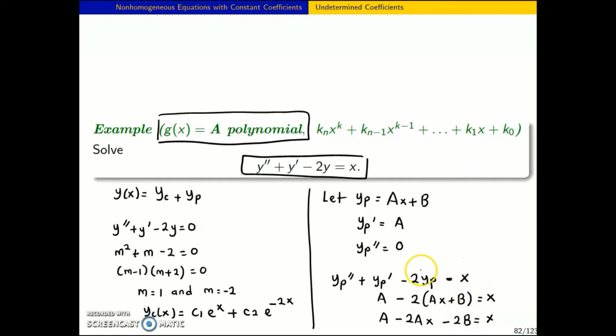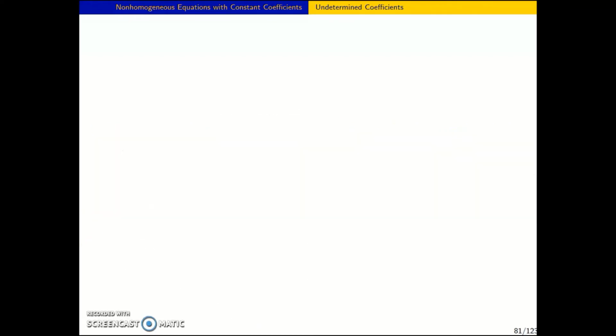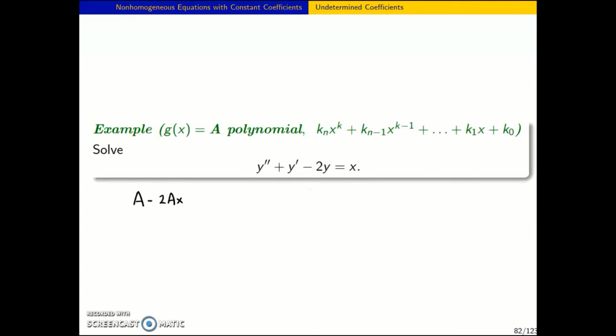Okay, so we just want to compare this equation here. By comparison, what do we get? Let me just write it again: a minus 2ax minus 2b equals x.